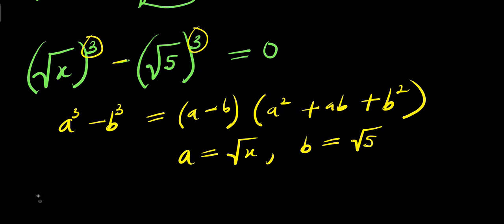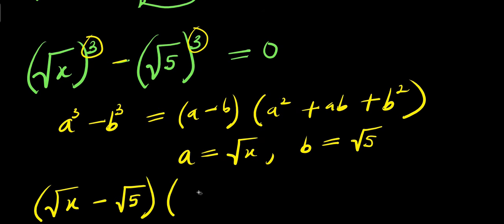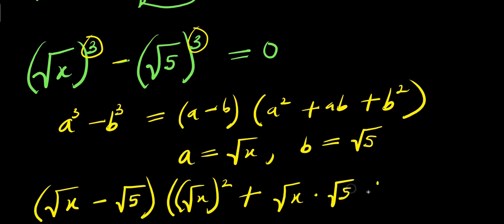So we have a minus b is square root of x minus square root of 5 times a squared, that is square root of x raised to the power of 2, plus ab, we have root x times root 5, plus b squared, we have root 5 to the power of 2, and this equals 0.